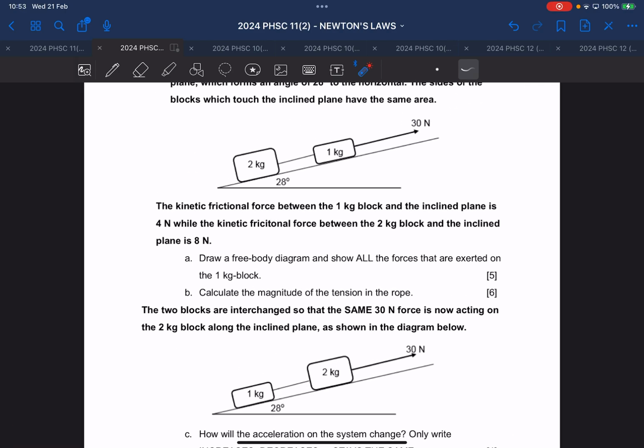Here, the heavier thing was at the back. Now the lighter thing is at the back. Are you with me? Okay, so imagine it's you and a friend. Let's say you and the friend have different masses. Let's imagine we're walking up an incline and he is struggling and I put a rope on him and I pull him up.